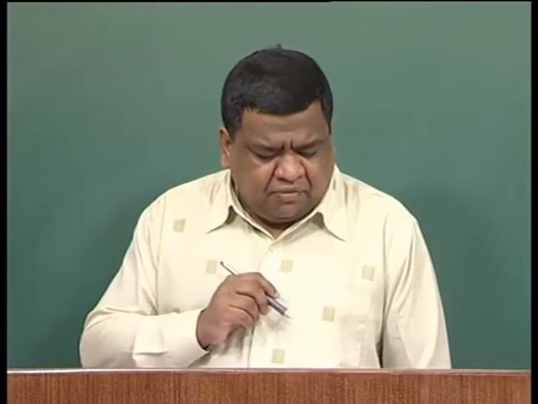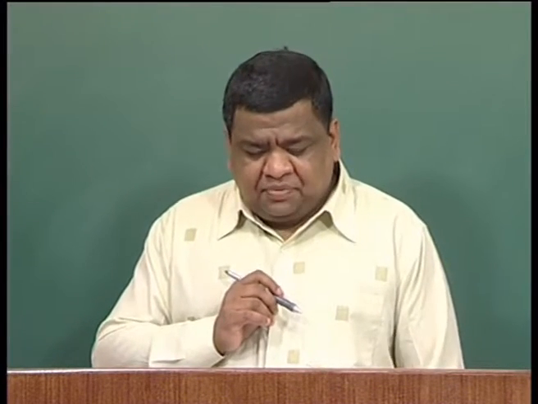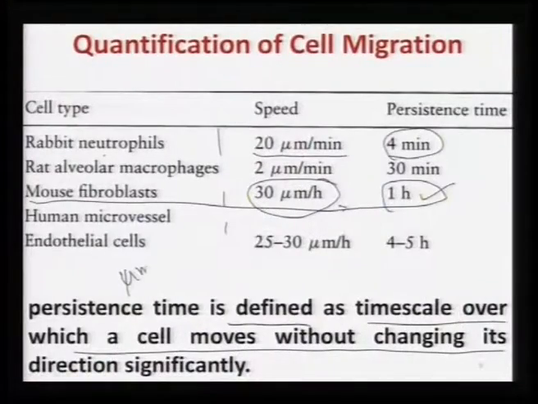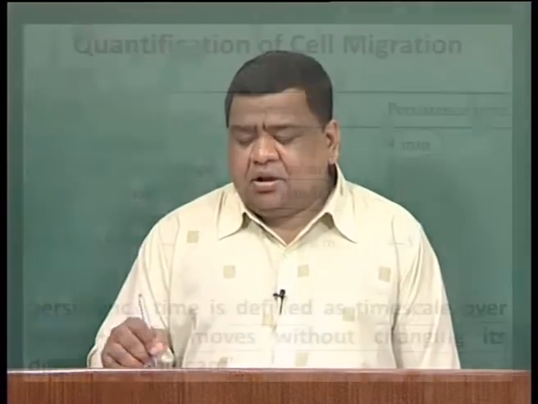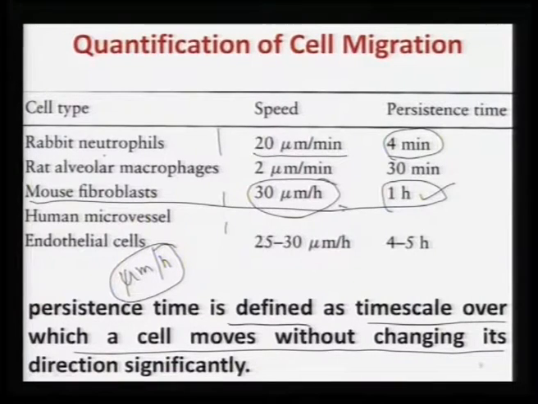Coming to the values of cell speed as well as persistence time, you can notice that depending on the cell type, the cell speed typically varies over several micrometers per hour. That is the typical speed. Persistence time is the time scale over which the cells move without significantly changing direction, and again it depends on the cell type.